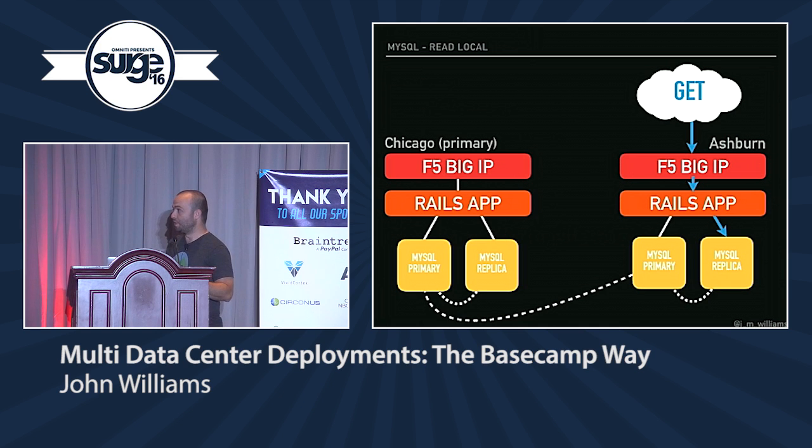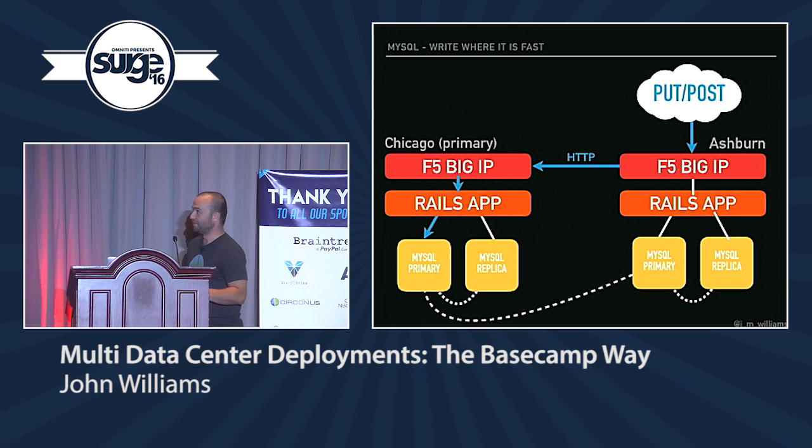We can be pretty sure that replication will always be up to date. The round trip time between the two data centers is around 20 milliseconds, so we don't have too much fear of the replicas being behind.